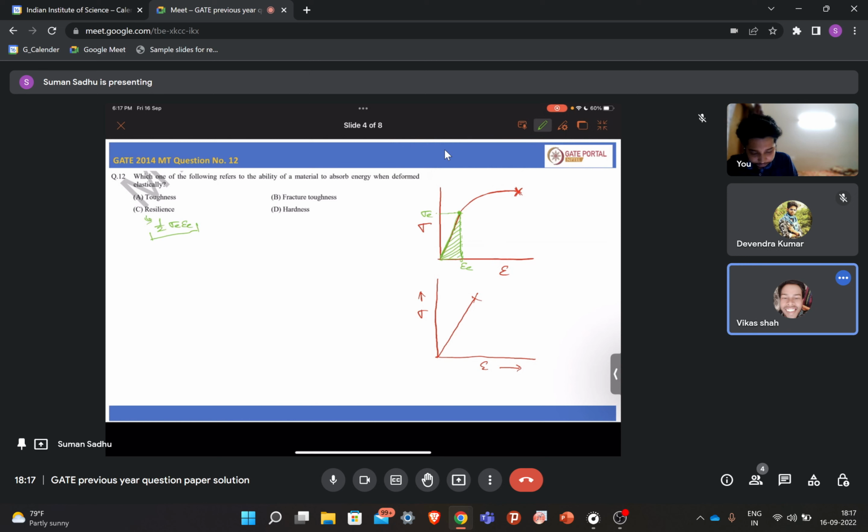This is resilience. Now, can anyone tell me what toughness is and what the difference is between toughness and fracture toughness?